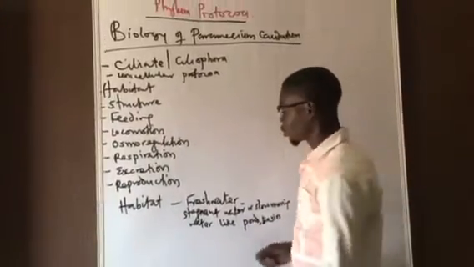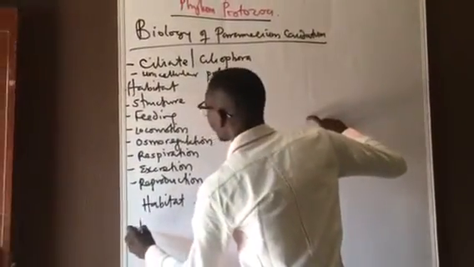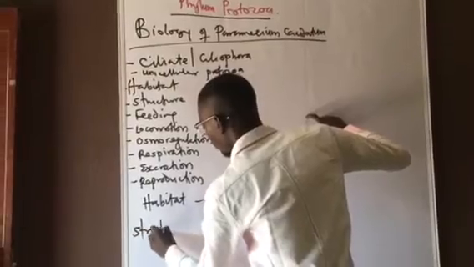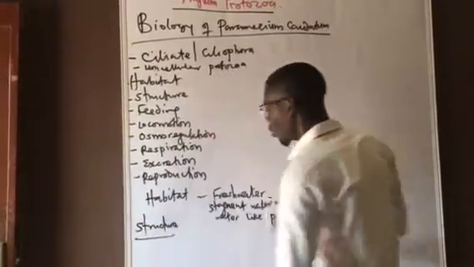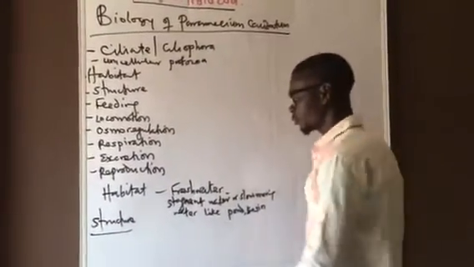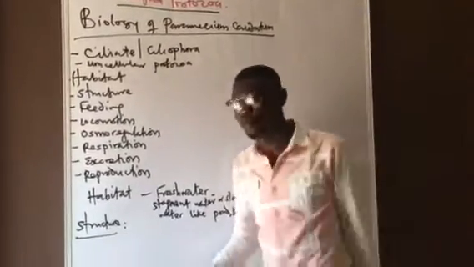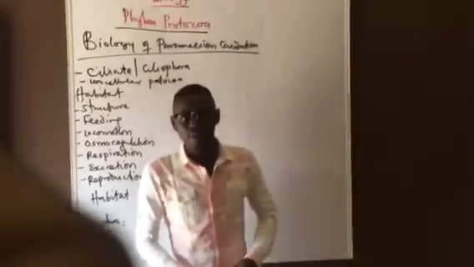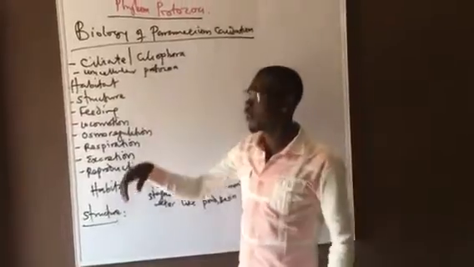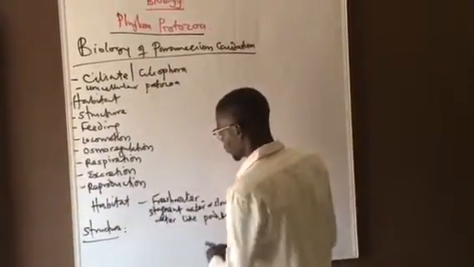Then we also talk about the structure of paramecium. When we talk about the structure, paramecium is unicellular, like I said earlier, and they have a slipper shape.